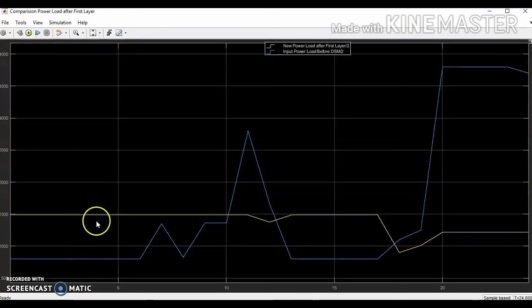This is the original graph without DSM, the blue color, and the yellow color is after DSM. So we have flattened the peak hour, and we do the valley filling activity into the off peak hour.